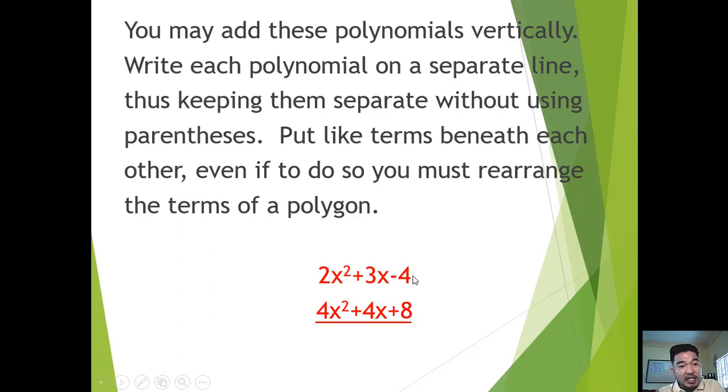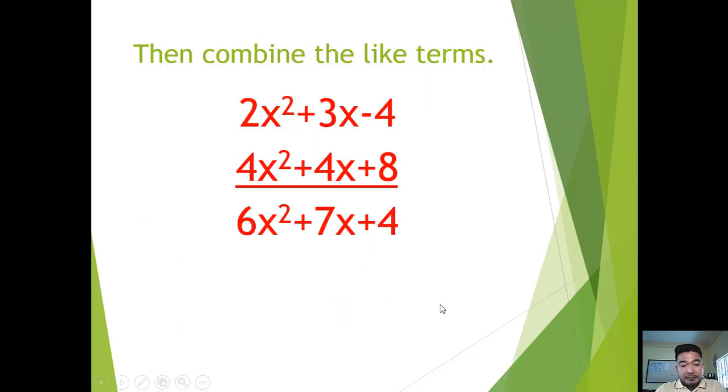What do we mean by constant? Again, from the previous discussion, constant terms are the terms with no variables. Then, adding this, you will have 2x squared plus 4x squared is equal to 6x squared. You just rewrite the variable of the like terms.